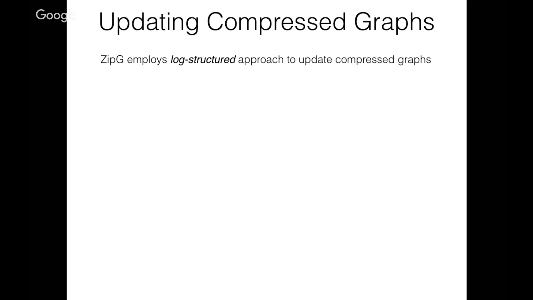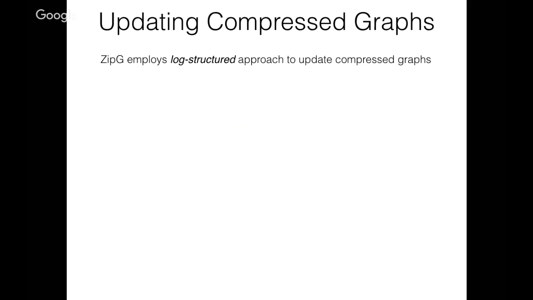Okay, so far all of my discussion has been confined to how queries may be executed on a static compressed representation of the graph. The main challenge, of course, is that graph applications need to perform updates, and this becomes particularly challenging for compressed graphs.